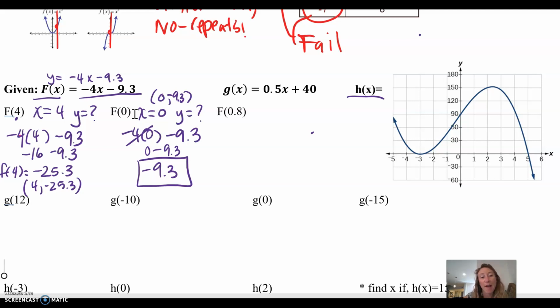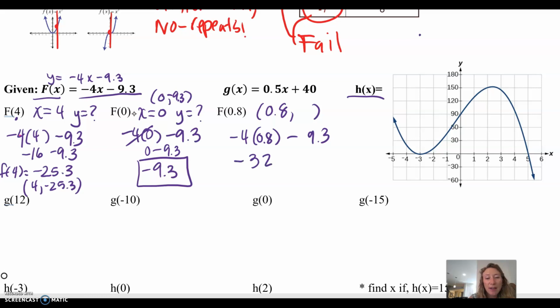Let's do one more, f of x. So here's f of x equals 0.8, which means the ordered pair 0.8 comma something. Well, let's find out what it is. Negative 4 times, and instead of x, I'm plugging in 0.8, minus 9.3. So 4 times 8 is 32.